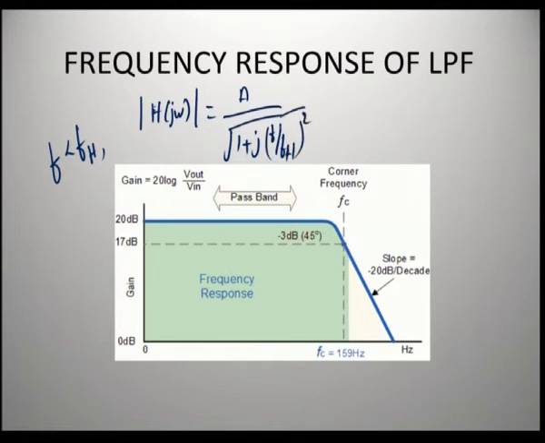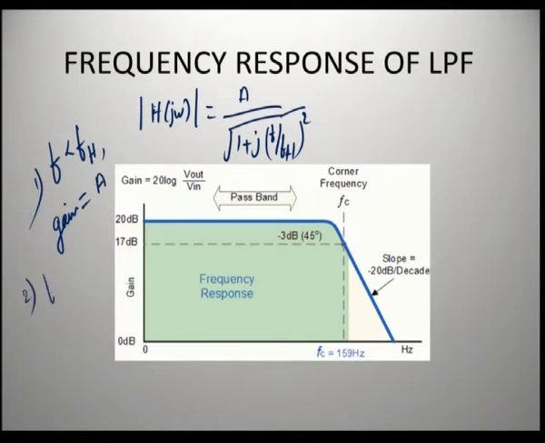So, according to this formula, if f is less than f h, we can assume this total value f by f h is small, and so we are assuming it as 0. So, the transfer function, or you can say the gain of the filter, is just A, right.